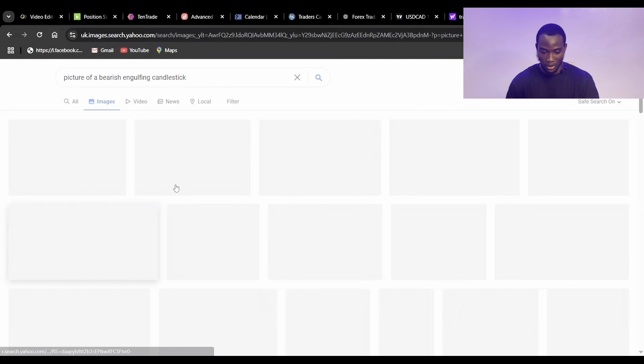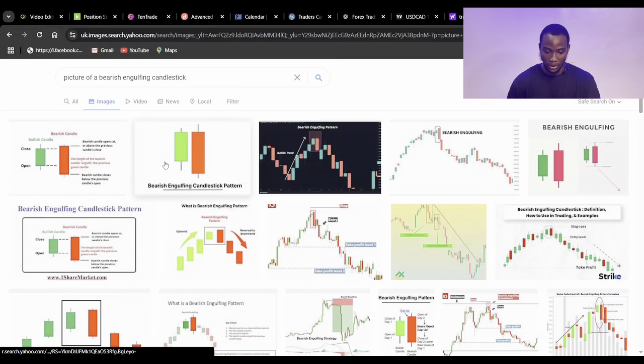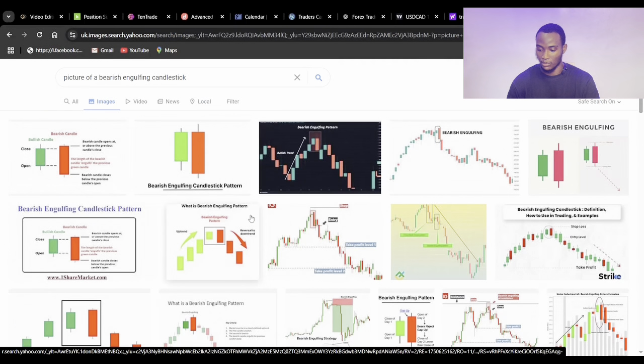All right. So this is an example. These are examples of bearish engulfing candle. We have this. Also have this. Then we have this. Okay. So these are just some of the common examples of bearish engulfing candle.